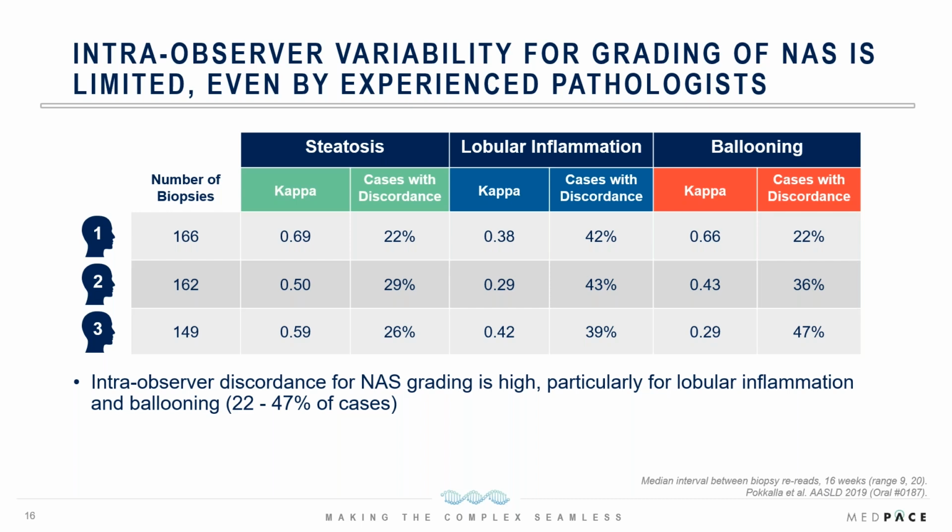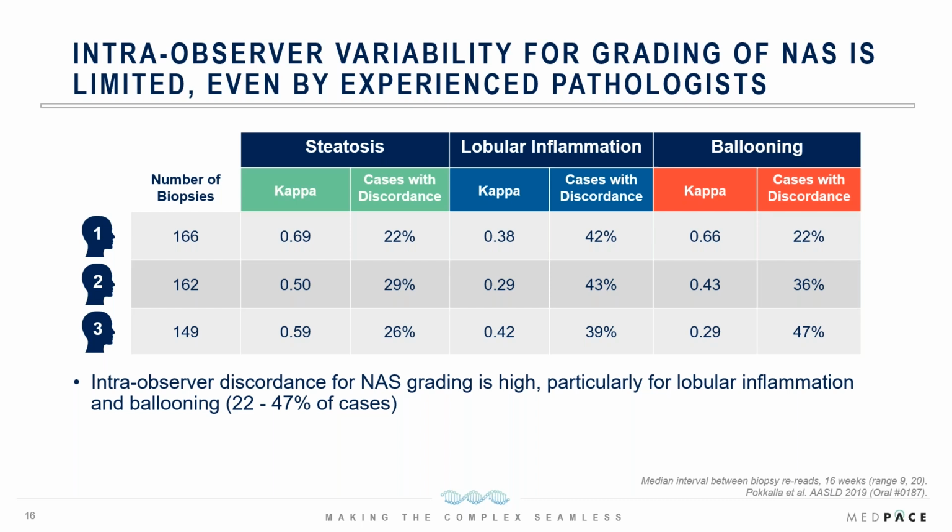We've been talking about kappa scores, and for the statisticians, that means a lot. But for some of us, looking at percentages may bring home the message a little bit more. So in this study, they used 3 pathologists. They scored a number of biopsies for steatosis, inflammation, and ballooning.